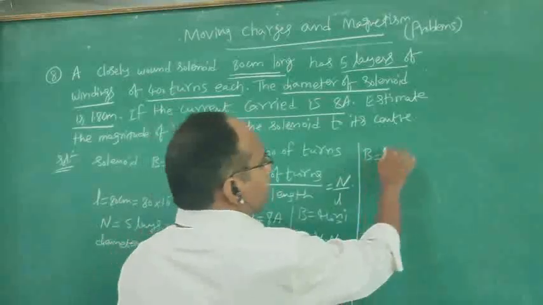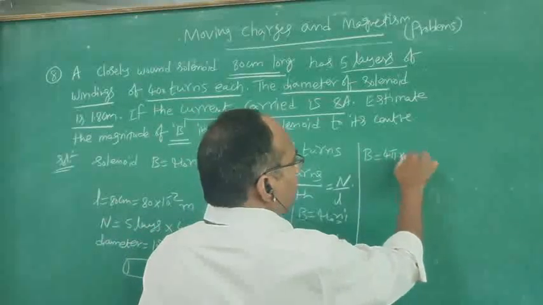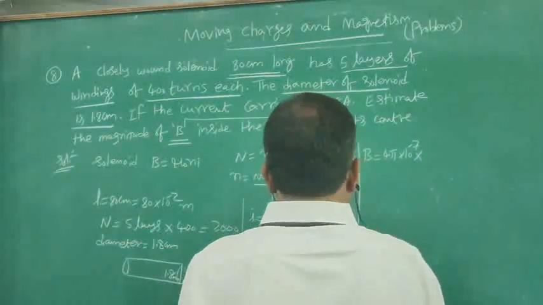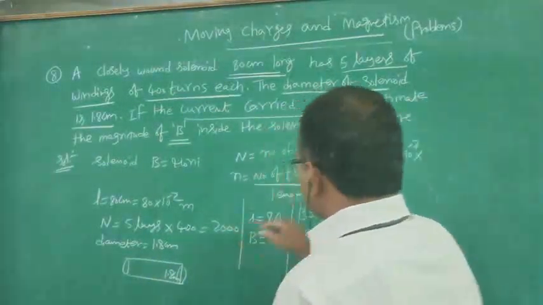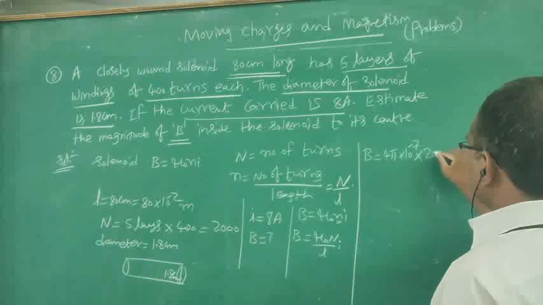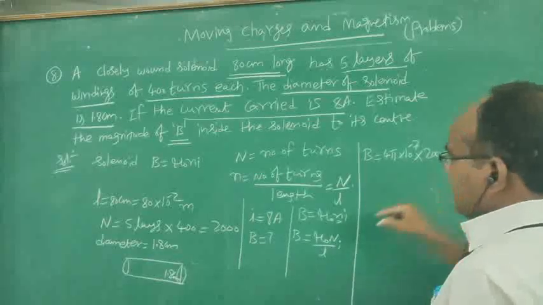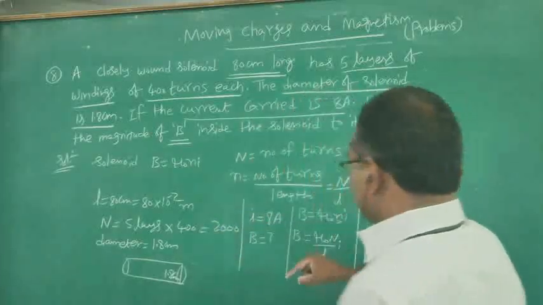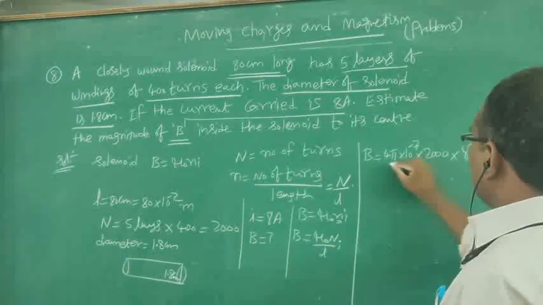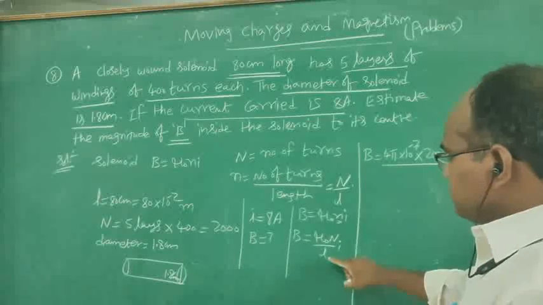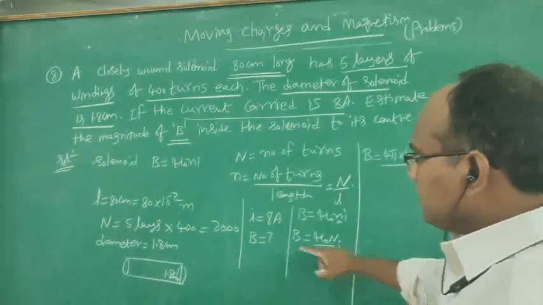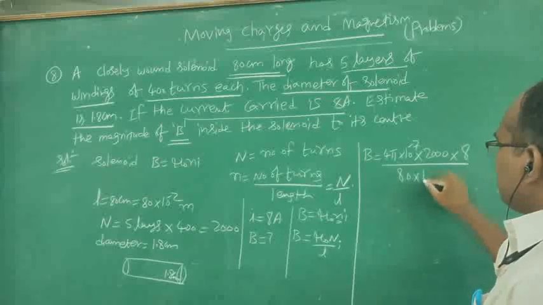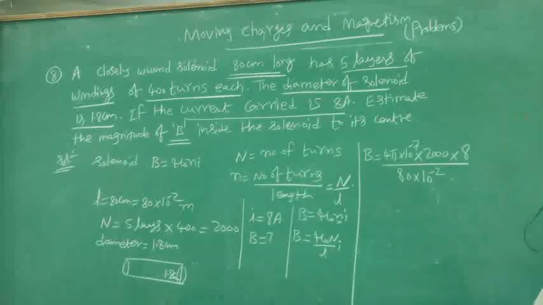B is equal to 4 pi into 10 to the power of minus 7 into capital N, number of turns is 2000. Current is how much? 8 ampere divided by L. What is L? Length. 80 into 10 to the power of minus 2.